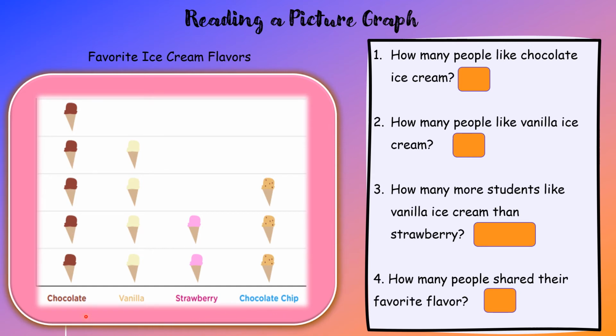So we're going to use the picture graph to help us answer the questions. And if you notice, each flavor is represented by a different cone with different color ice cream. So let's look at number 1. How many people like chocolate ice cream?